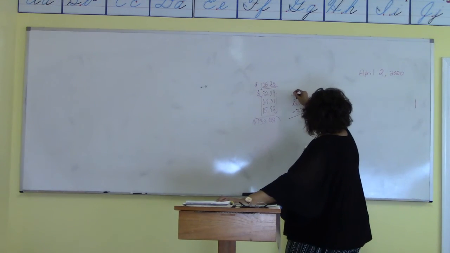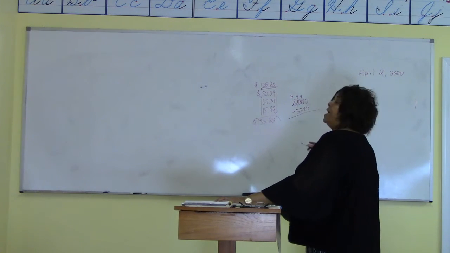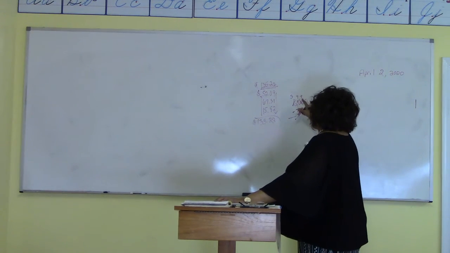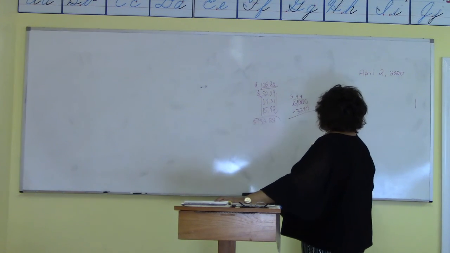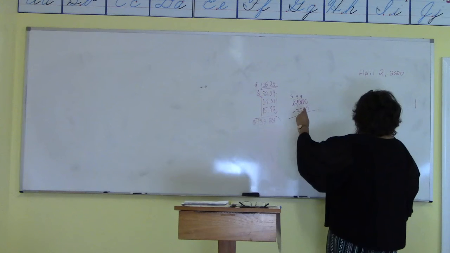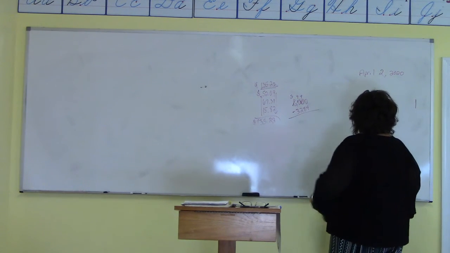Change this 6 to a 5. This 10 you added to this 1 you added to the 0 to make it 10, which is a 9. So you have to borrow 1, make that 10. That 0 a 10, take 1 from it, make it a 9. And one more. When you borrow from this 10, you made that 0 a 10, and that's it. Do not try to borrow from this 10 because there's no other numbers after that.